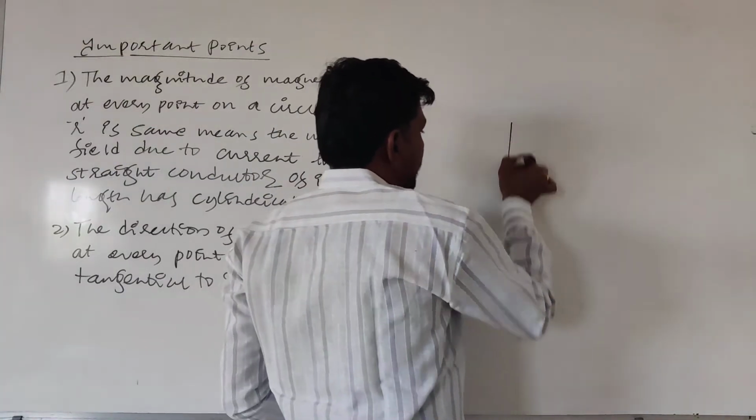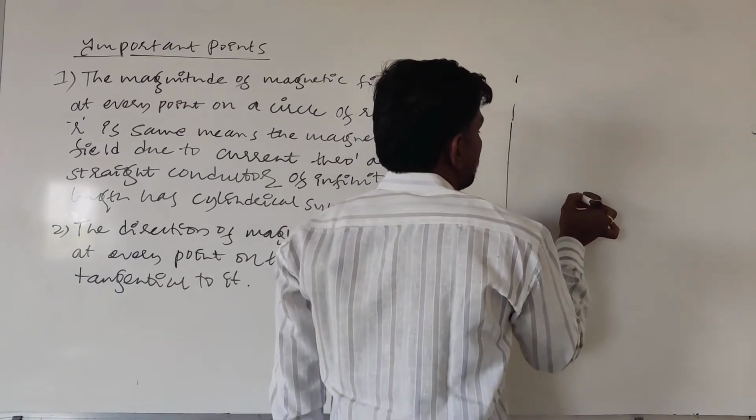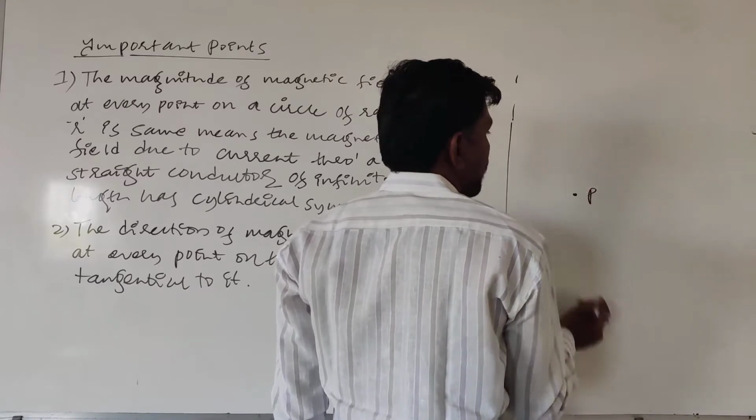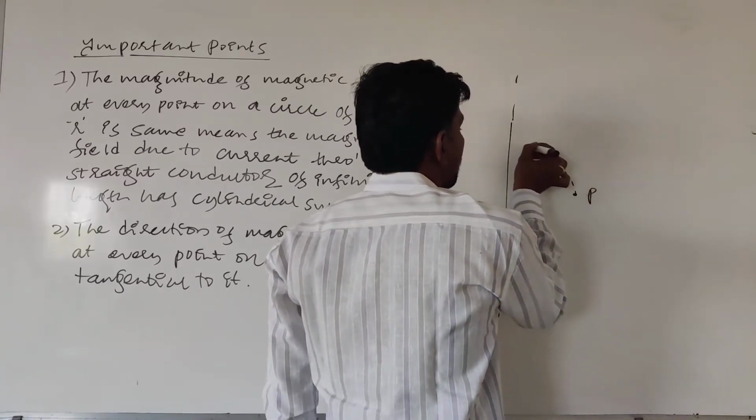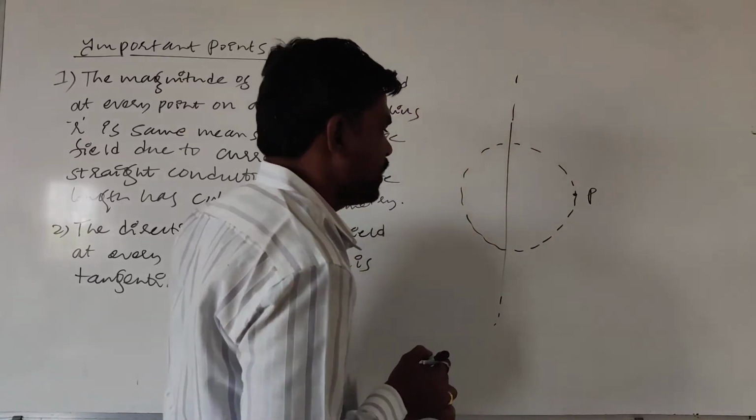Here, once again, we have a straight conductor. This is a point P where we have to find the magnetic field. So we are going to consider an Amperian circular loop, right?